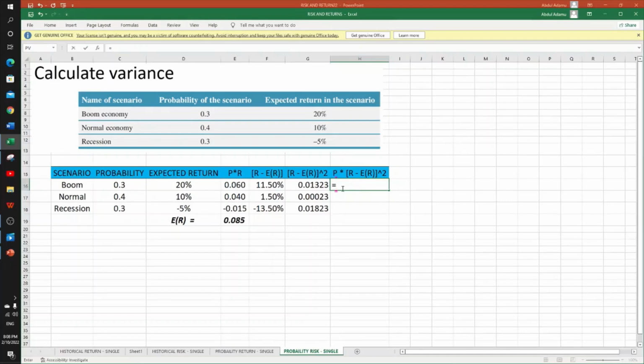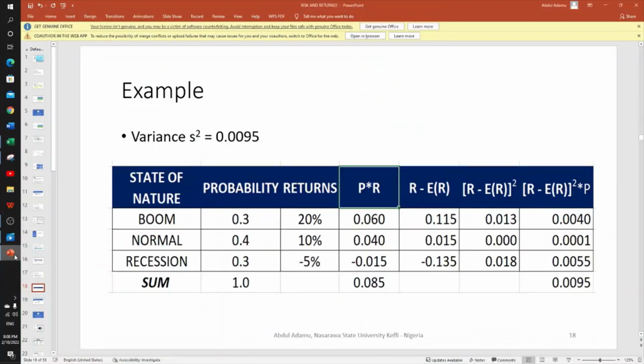This is equal to this times this. Enter. This is the value. Copy it down. So our variance now is the sum of that. So Alt equals, enter. So this is our variance, 0.009525. If we check, this is our variance.